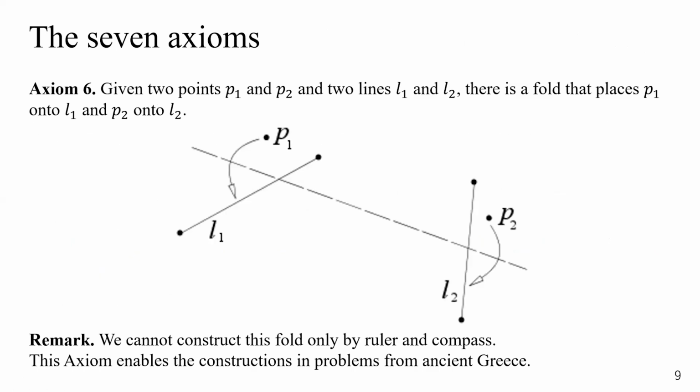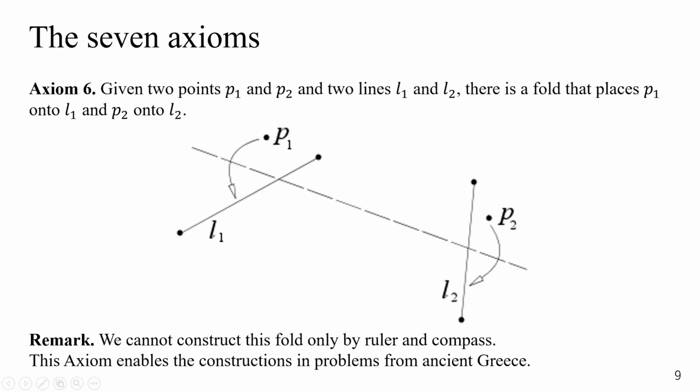Axiom 6 follows the following operation: given 2 points P1 and P2 and 2 lines L1 and L2, there is a fold that places P1 onto L1 and P2 onto L2.